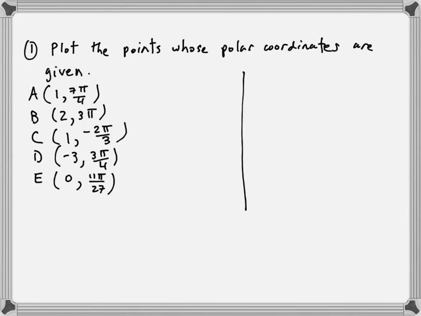Now, the way that you plot a point in polar coordinates is you look at these first coordinates here, right? Remember, everything that we see on the left here are the r's, and everything we see on the right are the thetas. Because the biggest r that we ever see in magnitude is a 3, what that means is we're going to have circles here.